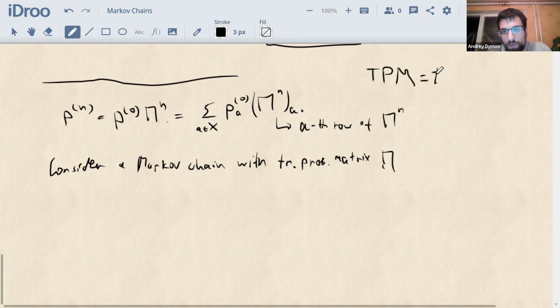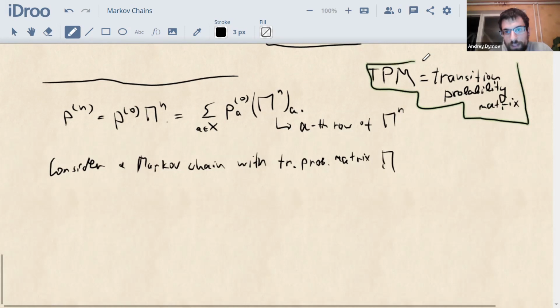This will always be from now on the transition probability matrix, because it's too long to write every time.